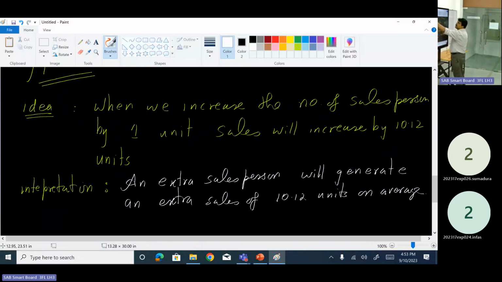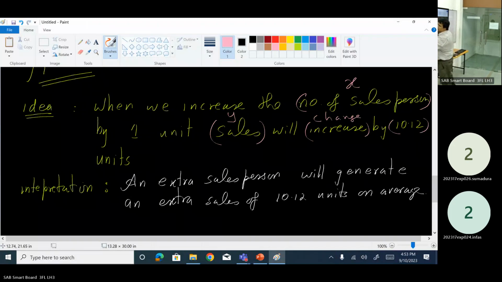Make a generalized statement, right? When we increase the x by 1 unit, y will change by beta 1.